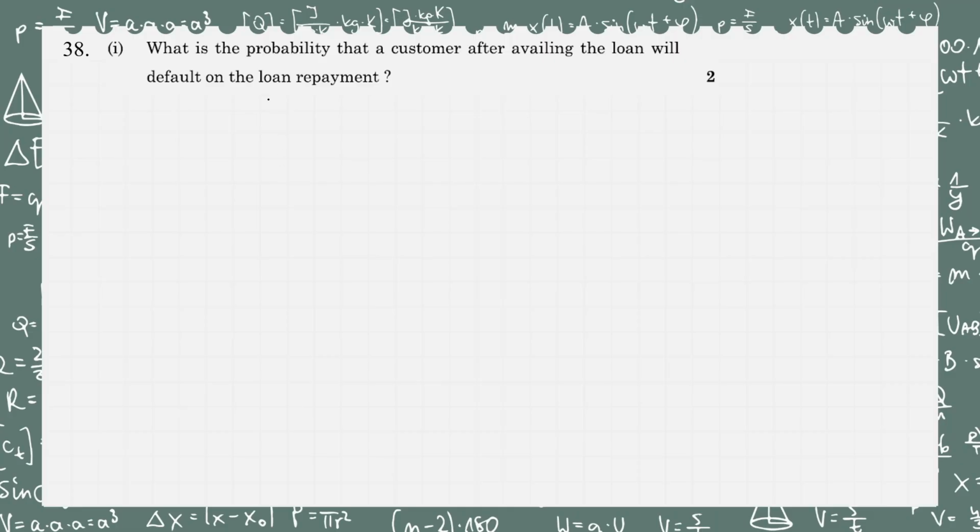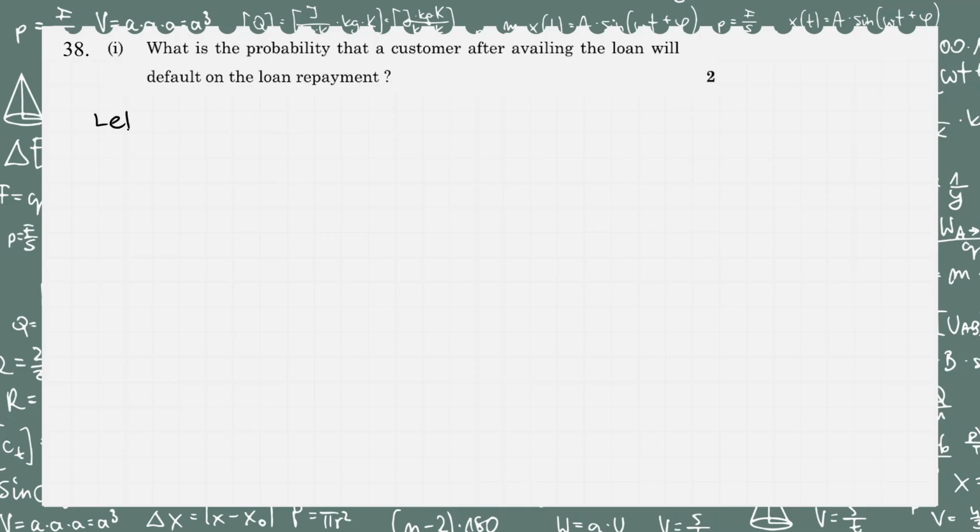Question number 1. What is the probability that a customer after availing the loan will default on loan payment? Before solving this, we have to assign the events according to the given situation.